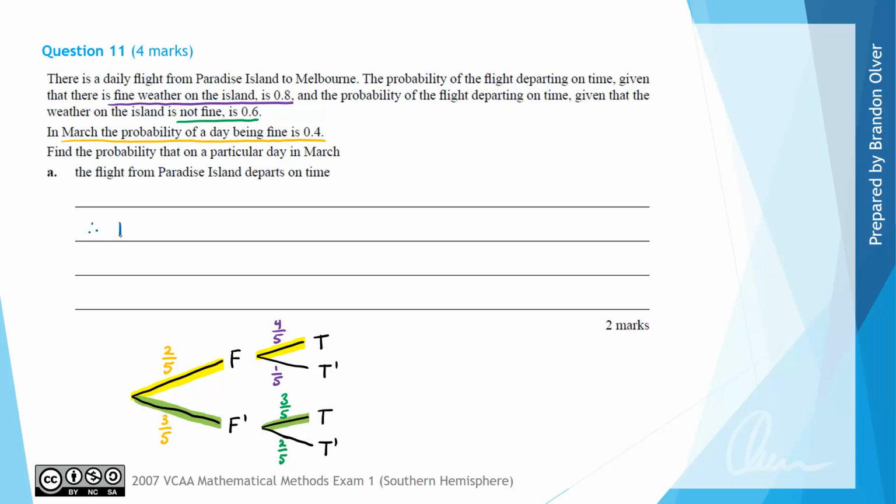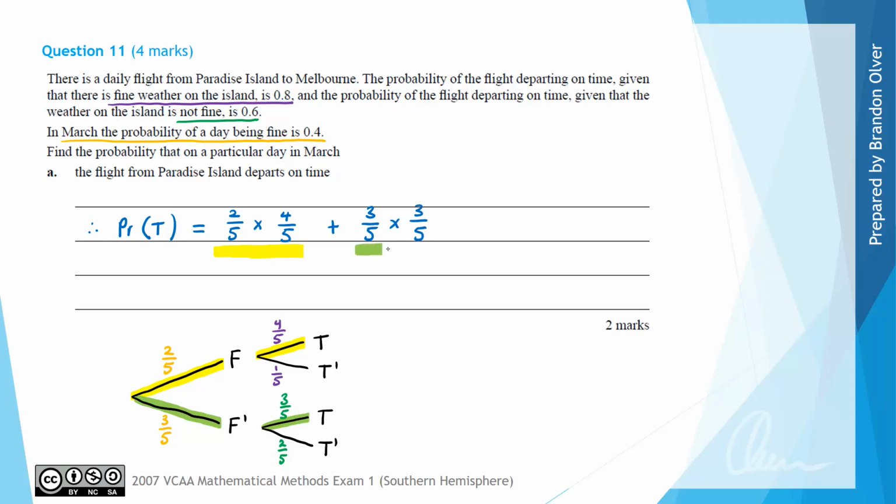So therefore, the probability of it departing on time is equal to 2 over 5 times 4 over 5, and that represents the multiplication along the yellow branches. And then we add on to that the green branch, which is 3 over 5 multiplied by 3 over 5.